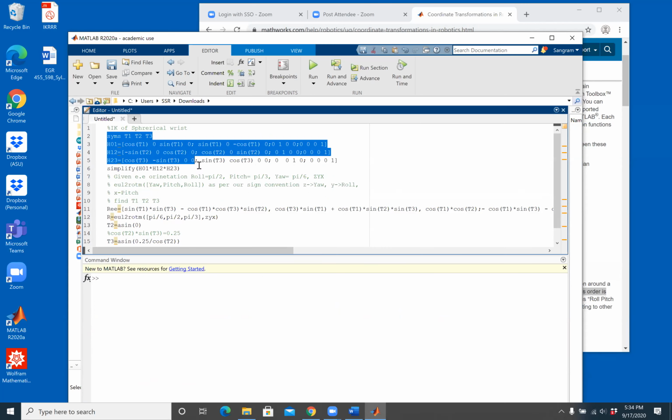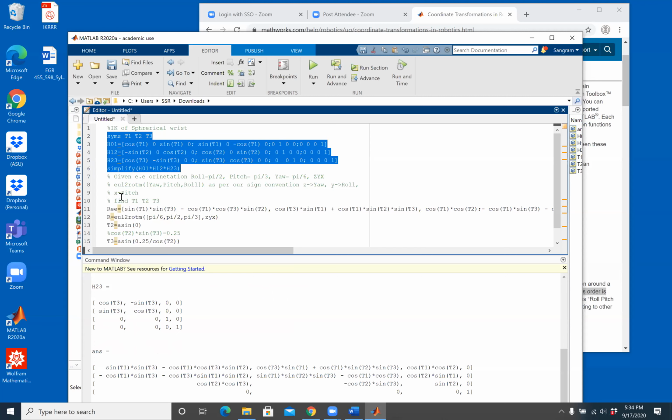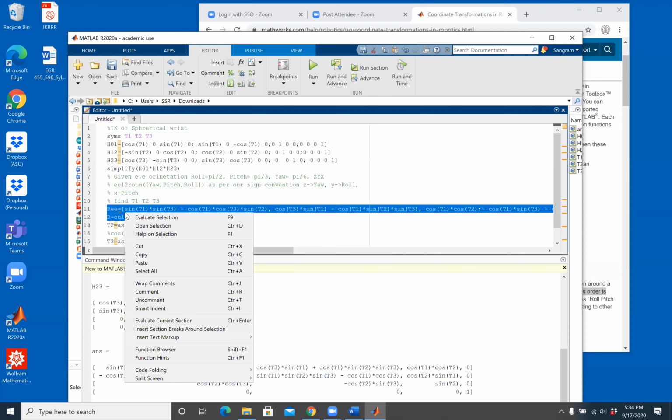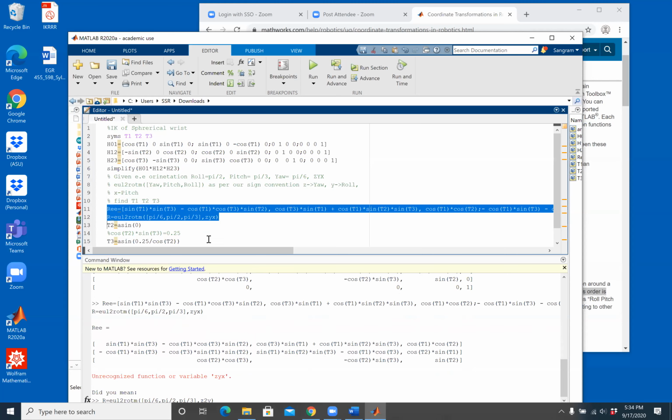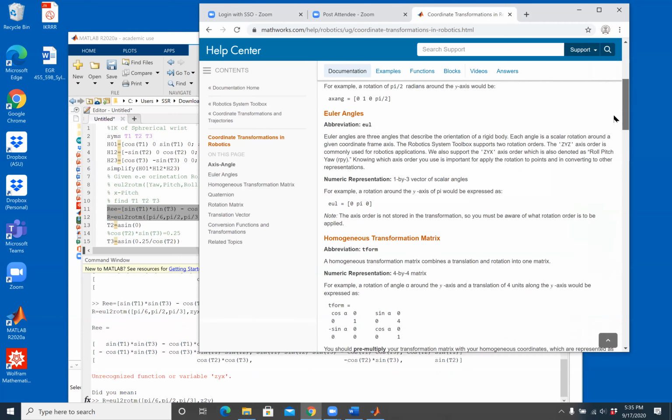Okay, so SYMS, valid selection. Then you have re, and then you have this. So let's see what MATLAB says.